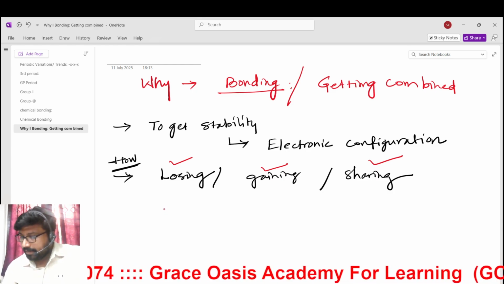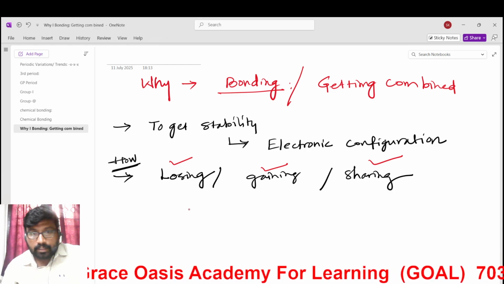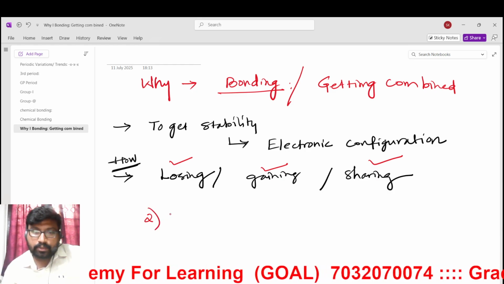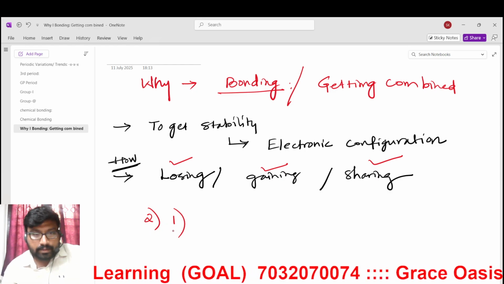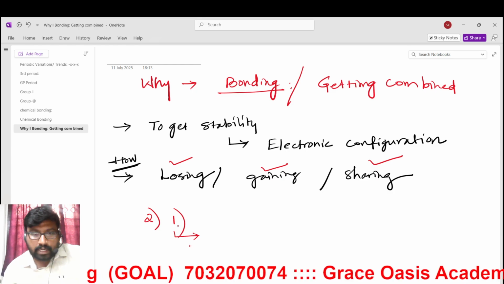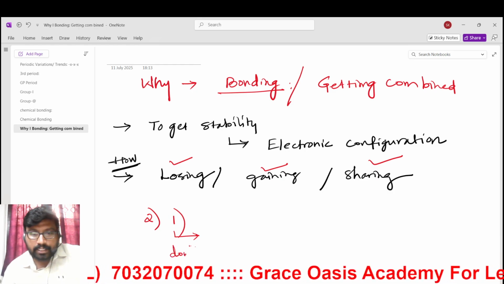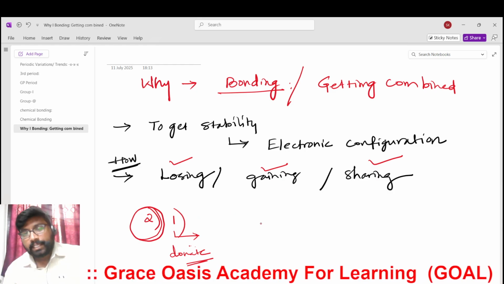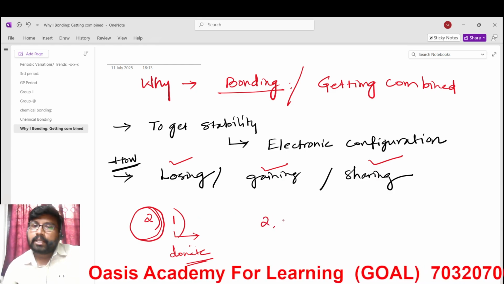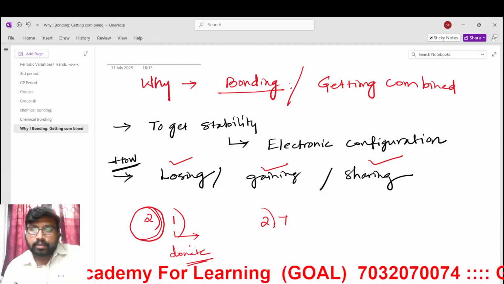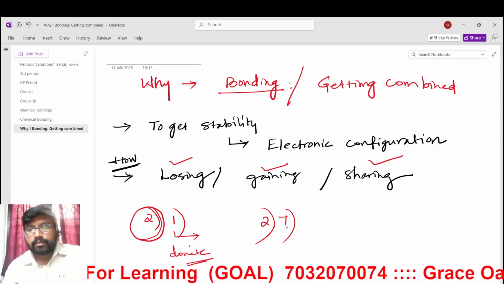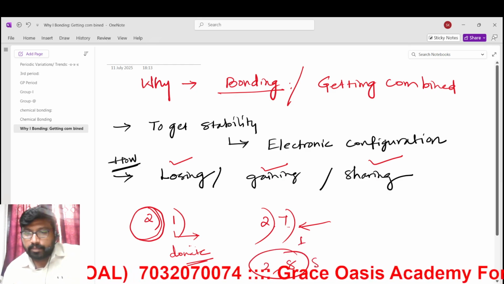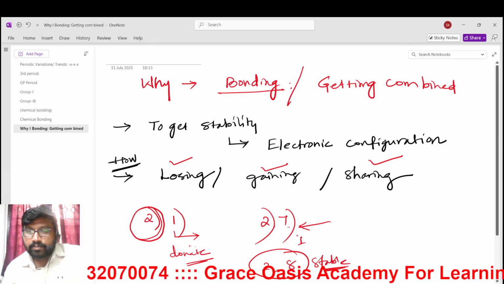For example, if an atom has two shells, with only one electron in the outer shell, it wants to donate that one electron and attain a stable configuration. In another atom with 7 electrons in the outer shell, if it gets 1 it becomes 8, so it will try to become stable and receive one electron.